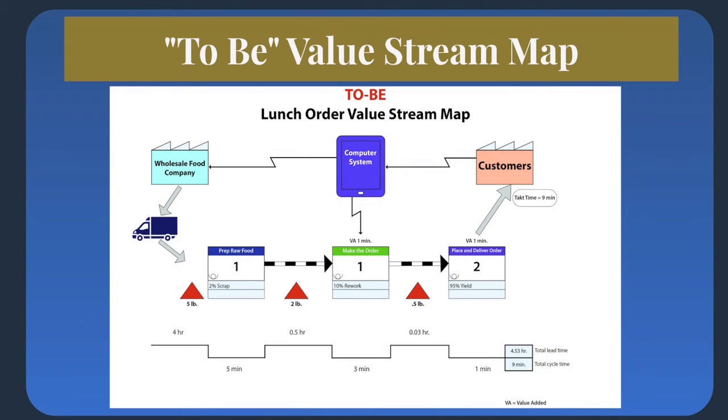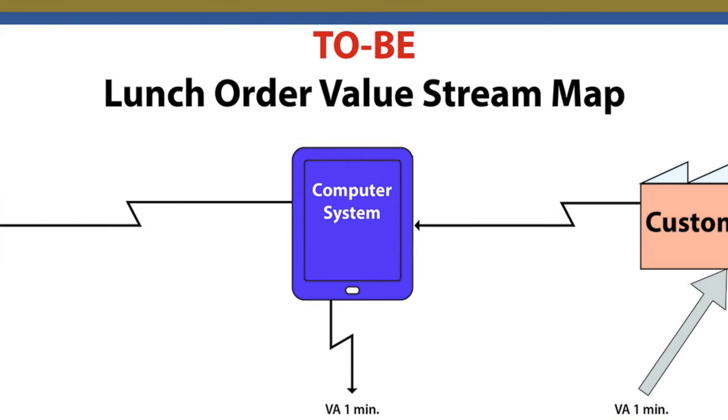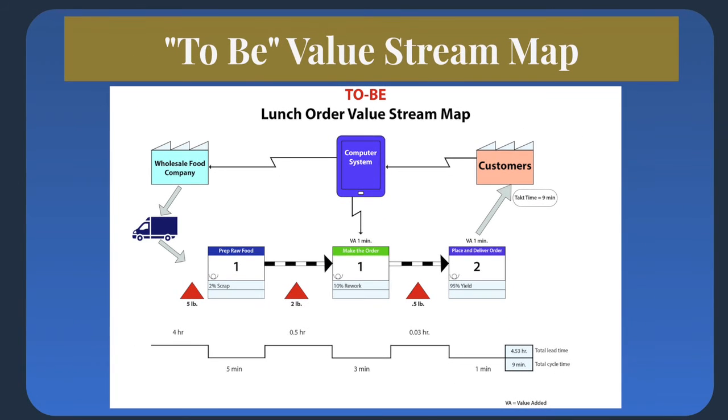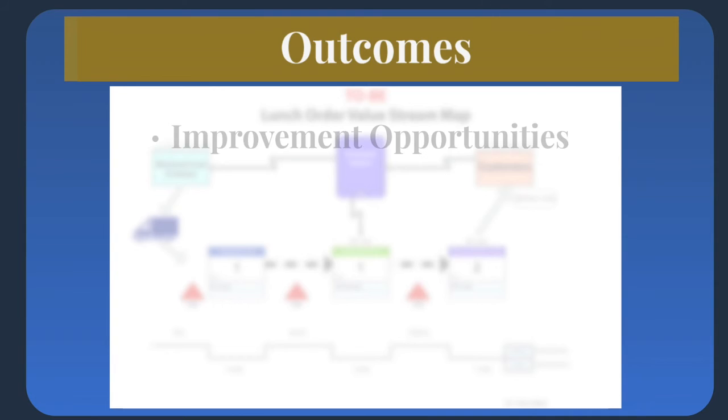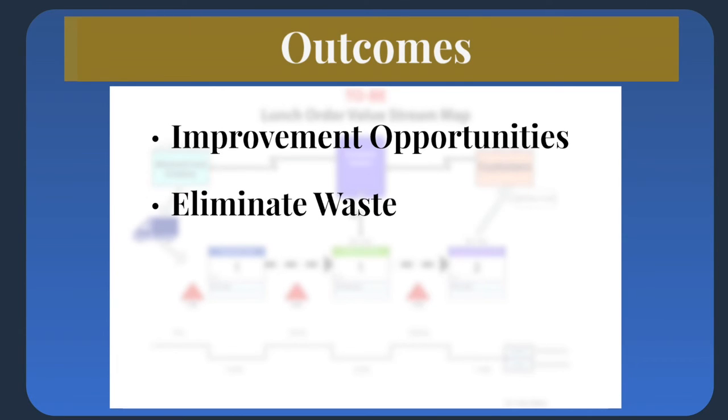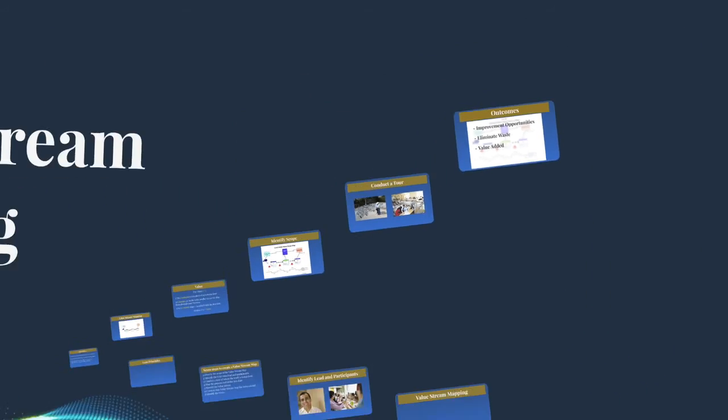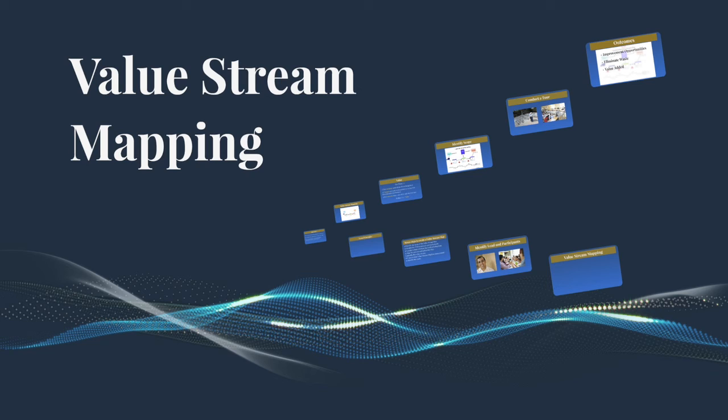Teams create a 2B VSM to help show all the improvements that can be realized from the current VSM. No matter what level of VSM you use, the outcome should always be the same: to identify improvement opportunities that will eliminate waste and provide value-added product and services to your customers. And that's something that can have a real and lasting value for you and your company.